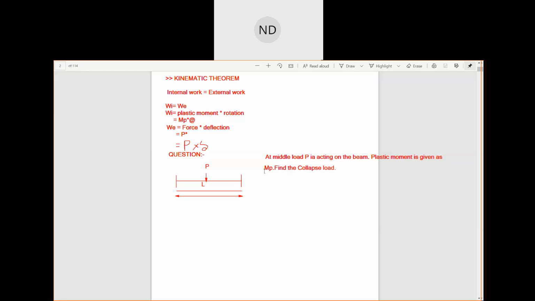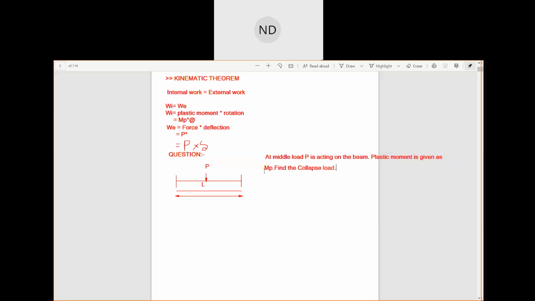In your plastic analysis, we had done the shape factor. Now we are trying to find out the collapse loads using the kinematic theory. This is a method of plastic analysis. In this simple question, you are given a fixed beam with a point load at the center, and you are asked to find the collapse load.